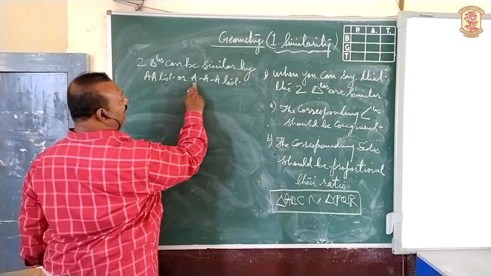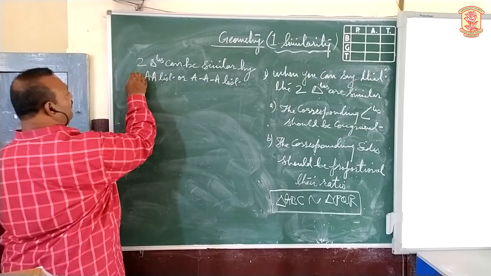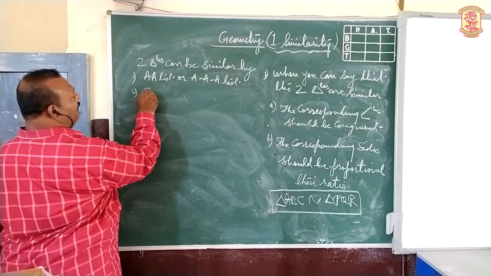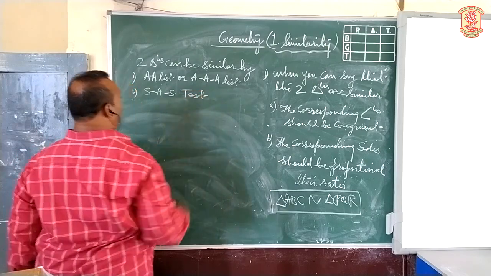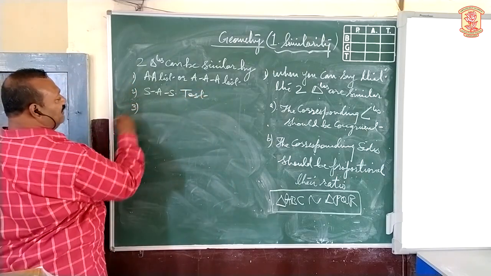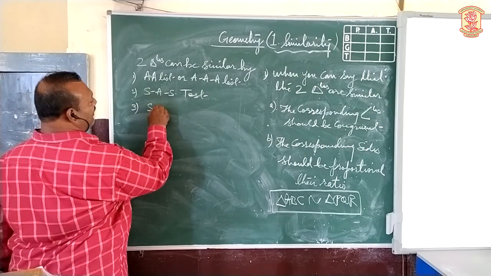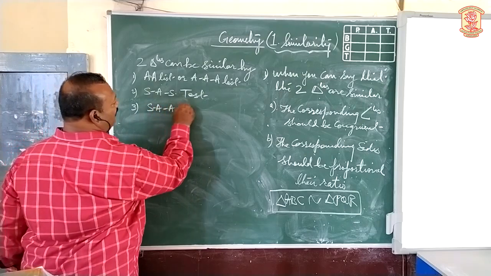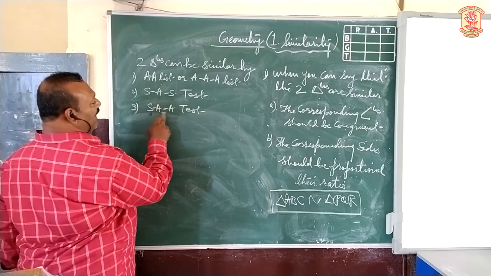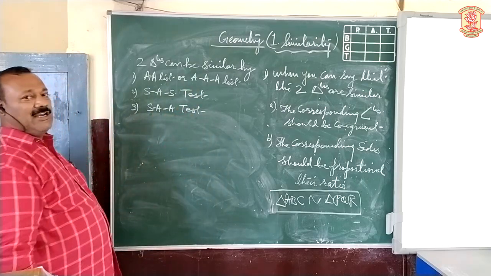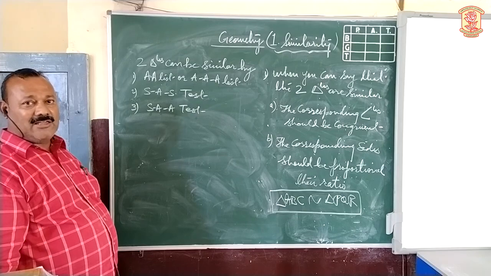Second, by the SAS test, and the third by the SAA test, that is the side angle test. These three tests are involved to show that two triangles are similar.